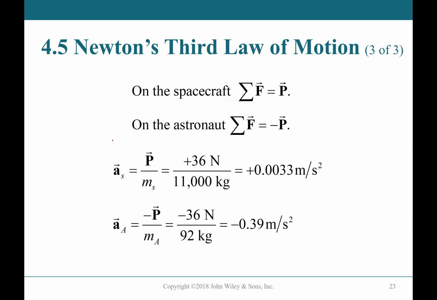The spacecraft had a force of 36 newtons and this huge mass, 11,000 kilograms. So it's accelerating at 0.0033 meters per second squared. Whereas the astronaut with this small mass is accelerating in the opposite direction, negative, at 0.39 meters per second squared.